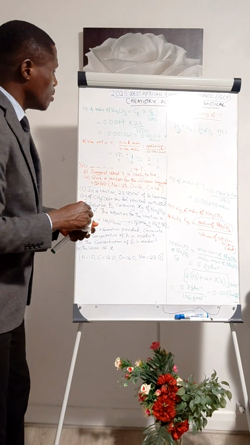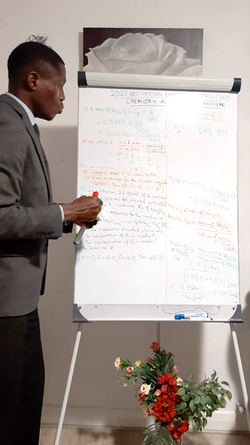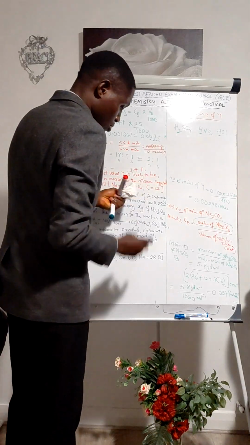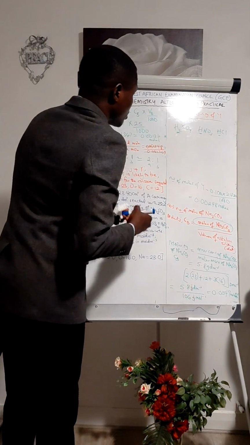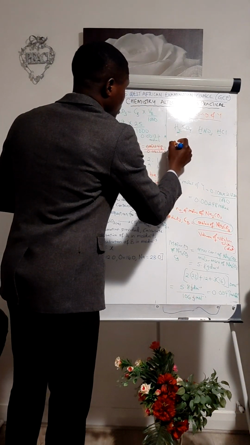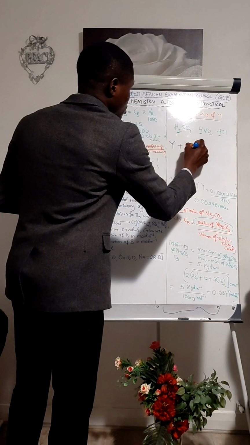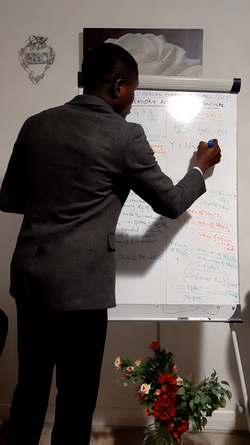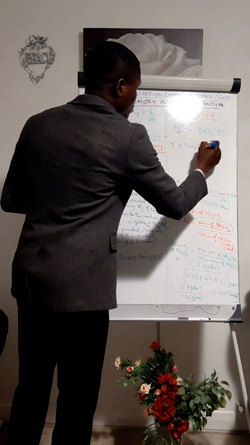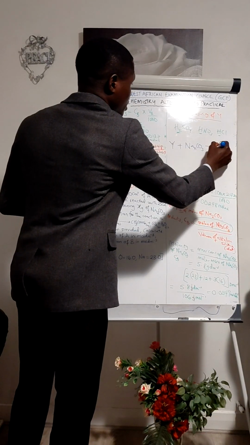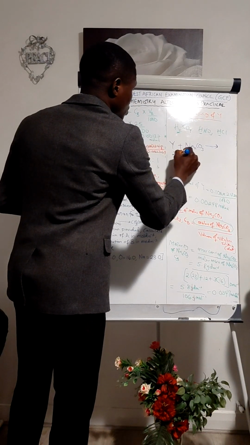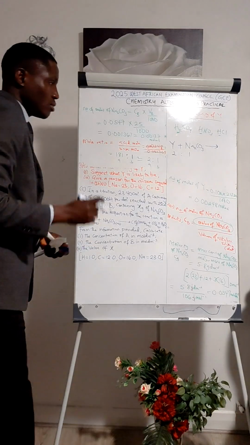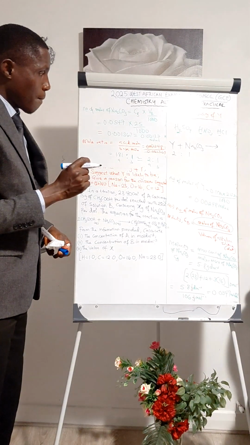Let's come back to the reaction. We are told that Y plus sodium trioxocarbonate(IV), we don't know what our product is going to be, but we know that they are in 2 ratio 1.